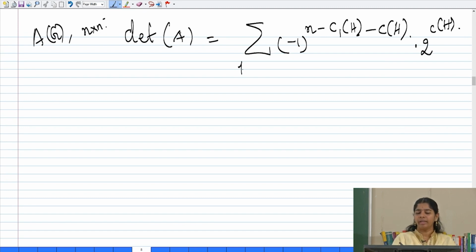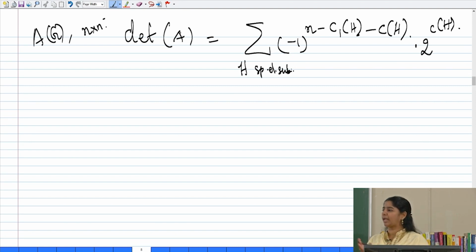Where H is nothing but a spanning elementary subgraph of G. The summation is taken over all possible spanning elementary subgraphs.